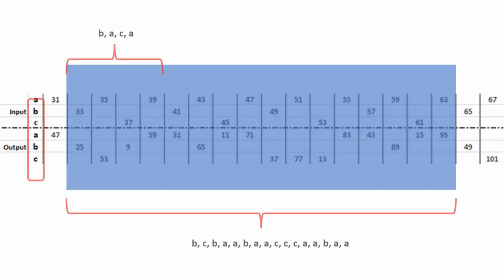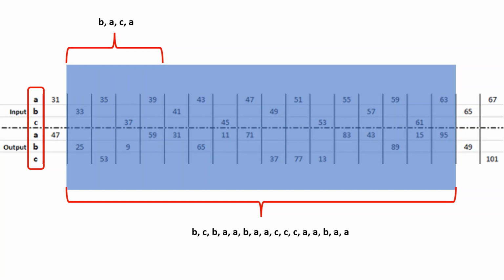Here we see the repeating input and output operations. They are the same, but their distribution is completely different. For the input, we see the same 4-unit combination repeated infinitely.